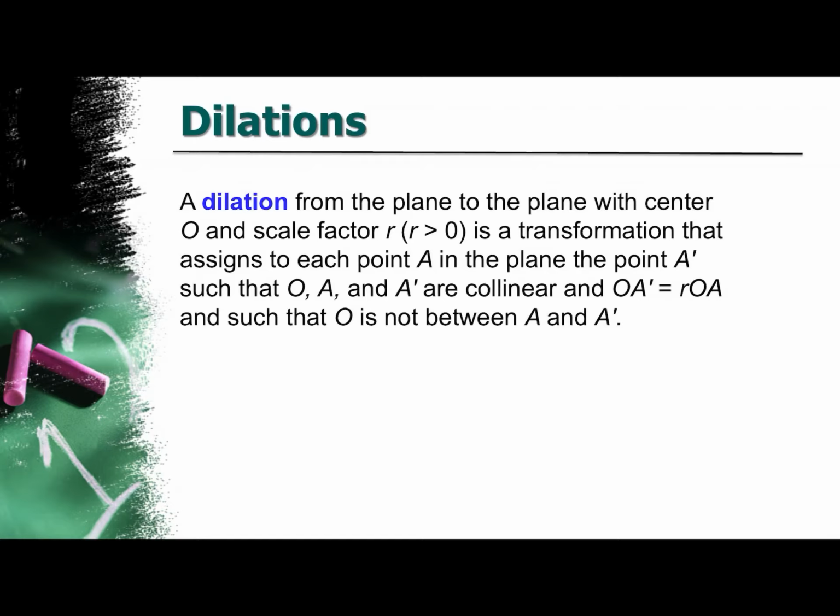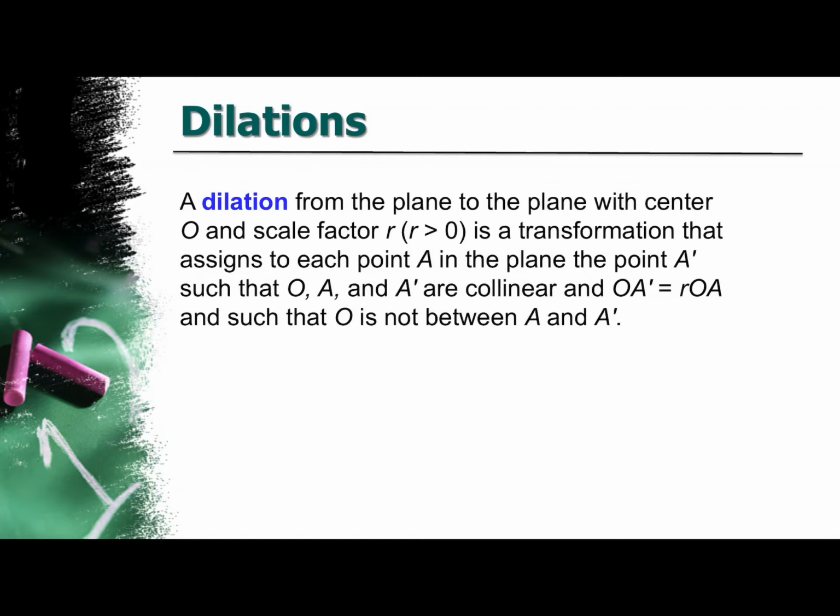So the precise definition is saying that it is a mapping on a plane to a plane with center O. If the scale factor is R, then it's a transformation that assigns each point A to an A prime such that O, A, and A prime are collinear.